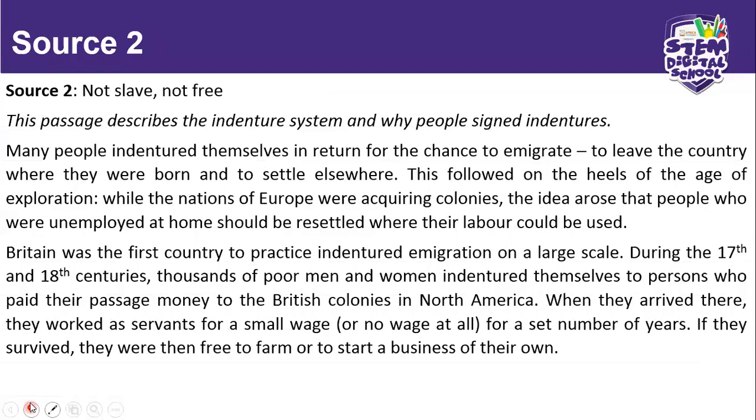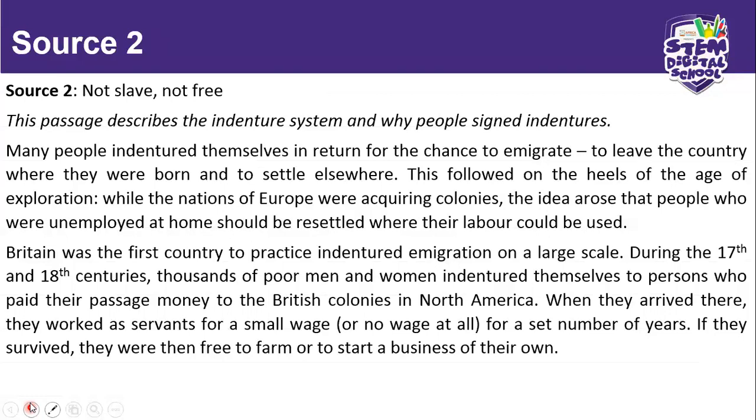This followed on the heels of the age of exploration. While the nations of Europe were acquiring colonies, the idea arose that people who were unemployed at home should be resettled where their labor could be used.